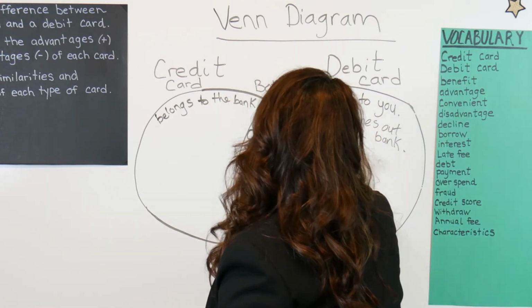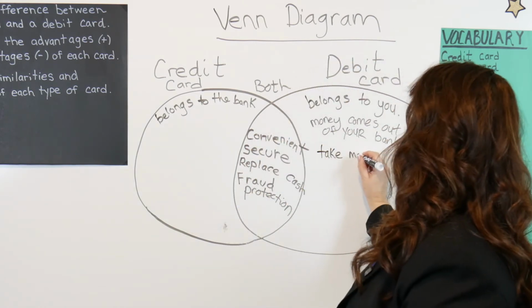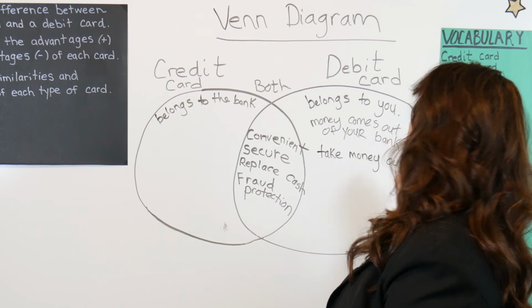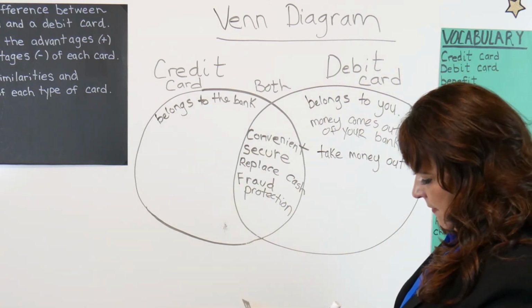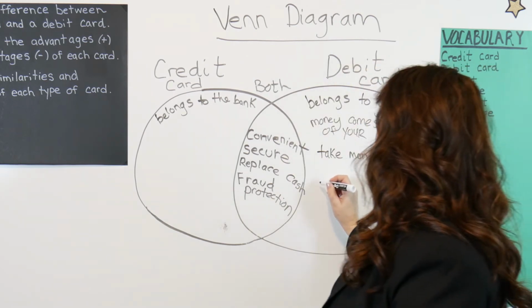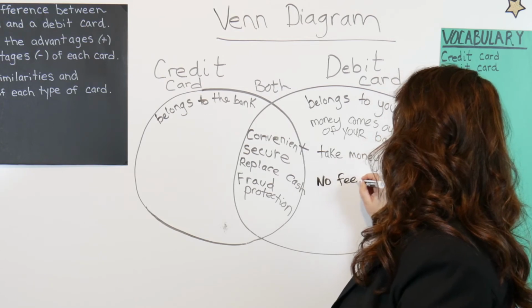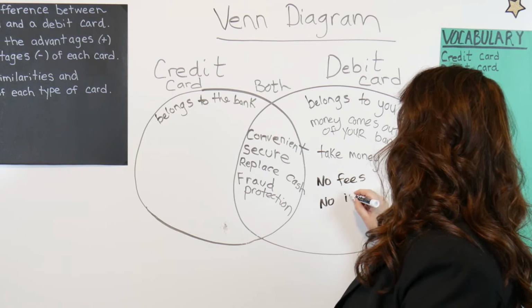So you can take money out of your bank when you use a debit card. A great part of the debit card is that there are no fees and no interest.